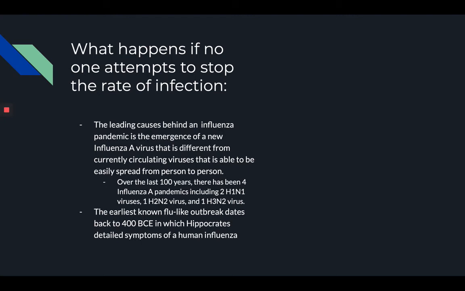Over the last 100 years, there have been 4 different pandemics that were all influenza A, which include 2 H1N1 viruses, known as the swine flu. One was in the beginning of the 1900s, and the most recent one was as recent as 2009. The second was the H2N2 virus, which happened in the mid-1900s. And lastly, there was the H3N2 virus, which was the avian flu.